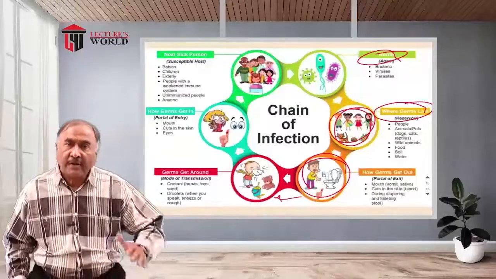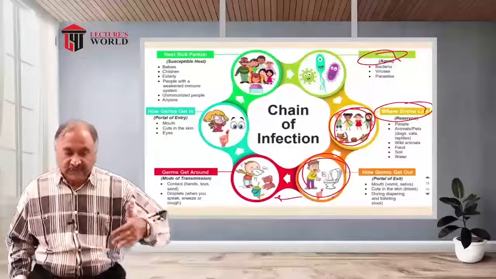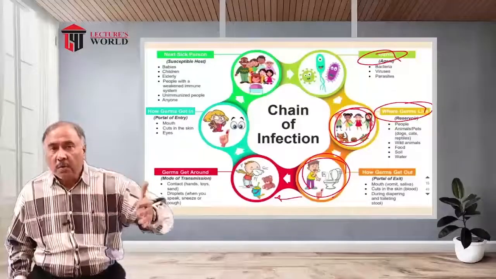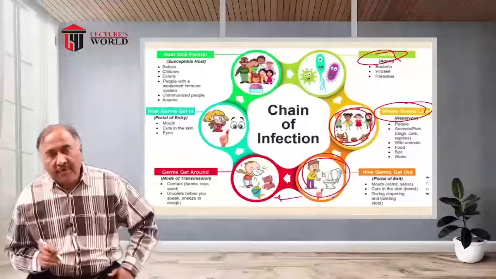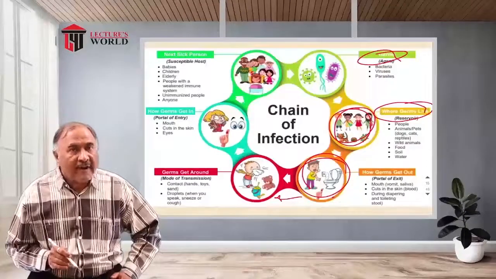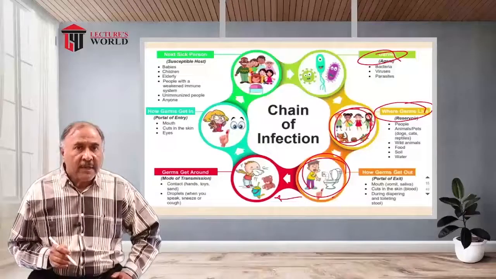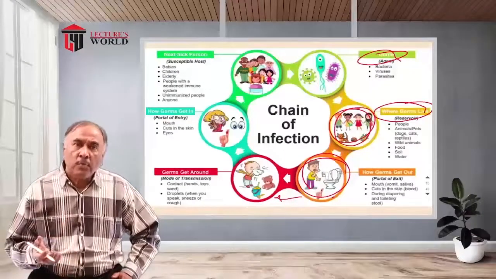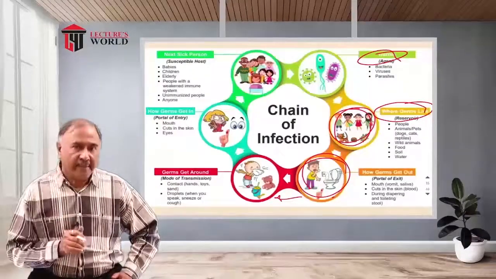Once the transmission has taken place and these pathogens have successfully reached the new host, from there they have to enter into the host, and what we call it is a portal of entry. And the portal of entry can be the mouth, it can be a cut, or it can be through the inhalation of air.